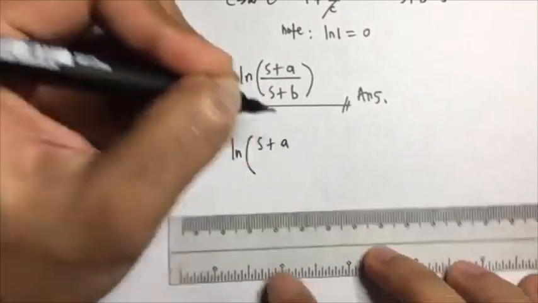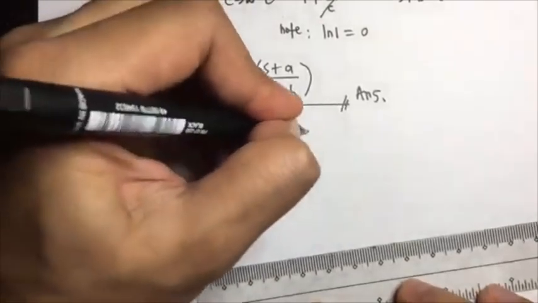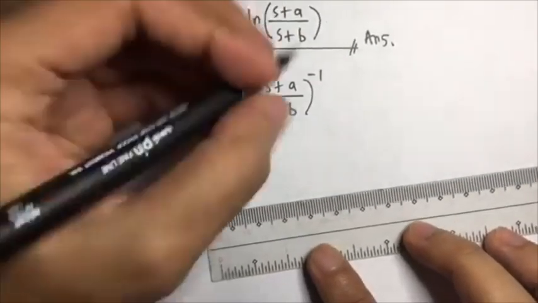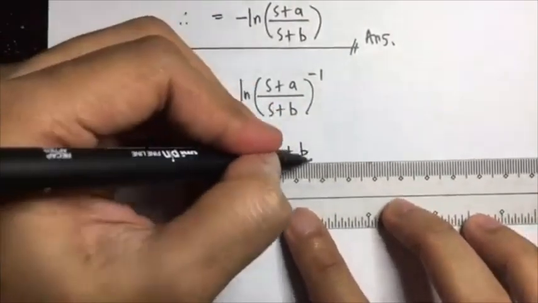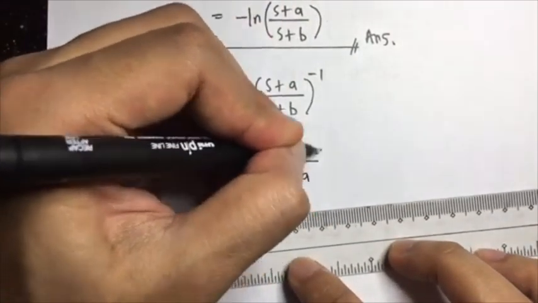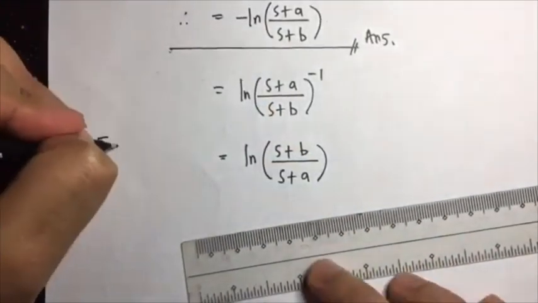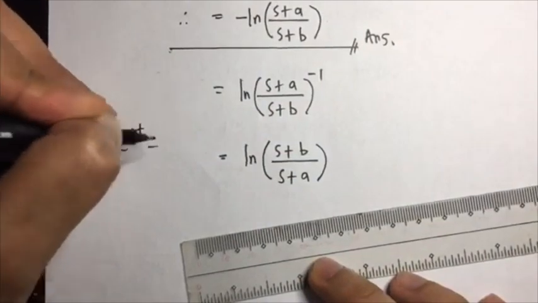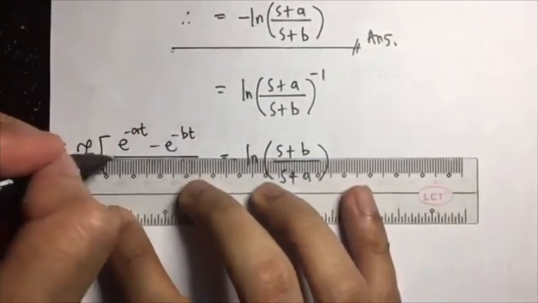So s plus a over s plus b raised to negative 1. That means it's the reciprocal. So we'll have ln of s plus b over s plus a. So that is now the Laplace transform of e raised to negative at minus e raised to the negative bt over t.